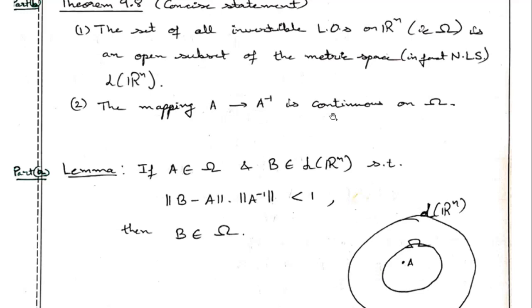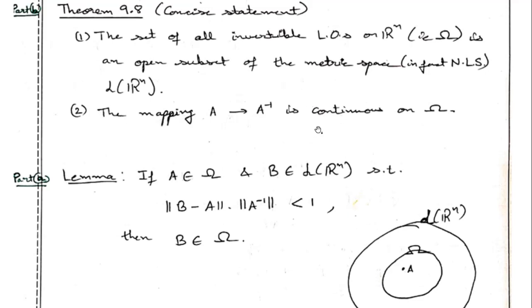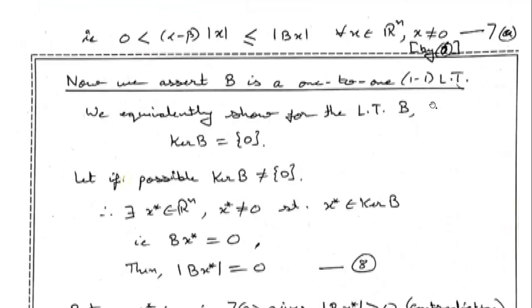When we learn the second part, we will understand how the definition of continuity, which we have already discussed in terms of metric spaces, can be rewritten in terms of continuity of a mapping on a normed linear space. So now let us first understand the definition of an open set in a normed linear space, and then discuss how omega becomes an open subset of L(Rn).